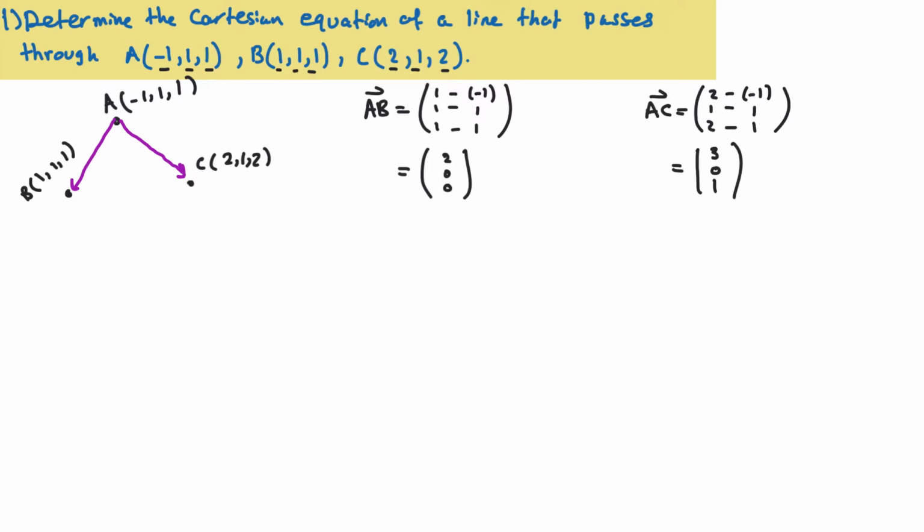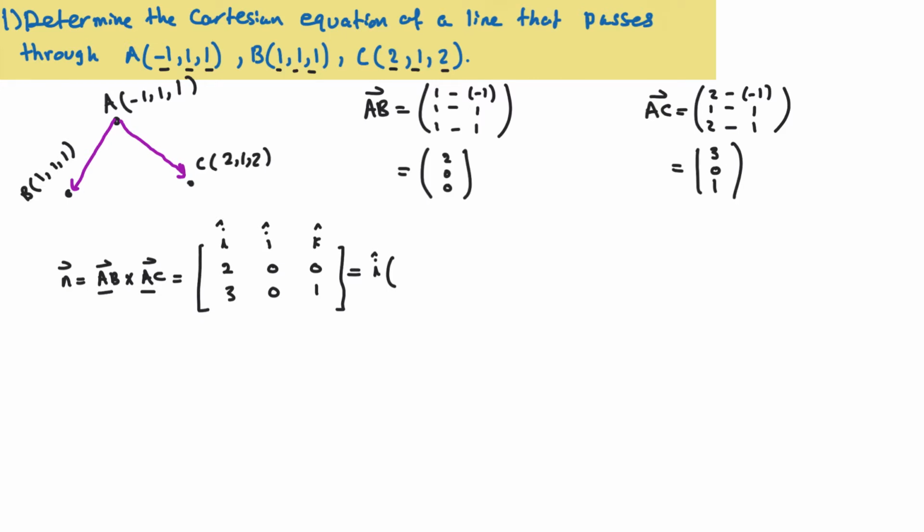To find the normal here, the normal is going to be the cross product of vector AB and vector AC. So let's do that. We are going to have our unit vectors i, j, and k. Vector AB has components 2, 0, 0, and vector AC has components 3, 0, and 1. Once we have this, we get the positive i component by multiplying these two together and subtracting these two.